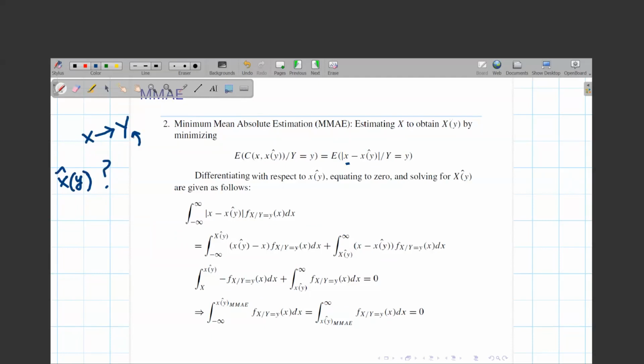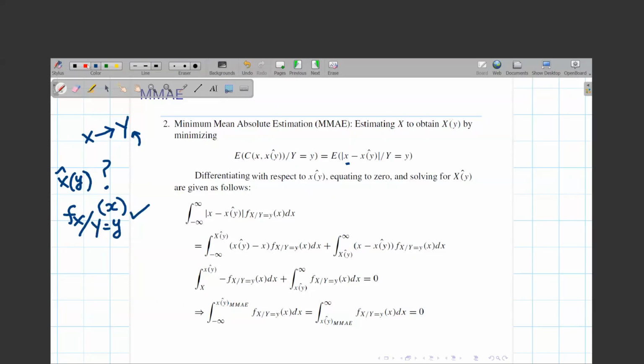How to do that? That is done using the conditional density function, which is basically the posterior density function. Last class we discussed prior, posterior and likelihood. Depending upon what you estimate, you have to have the corresponding function here.